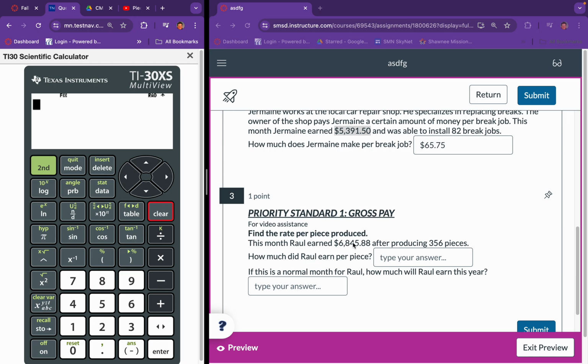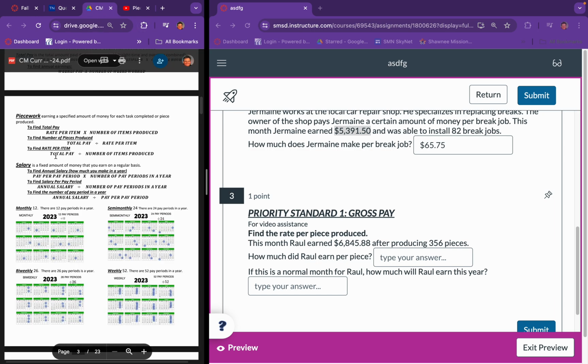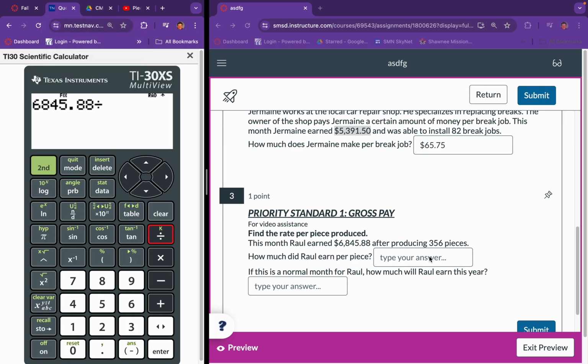So we're going to take the amount of money that he earned total, the $6,845.88, and we're going to divide it because the notes tell us that we are going to divide total pay divided by numbers produced. We're going to divide by what was he able to accomplish. He was able to accomplish 356 pieces. So he completed 356 pieces. So what was one piece?